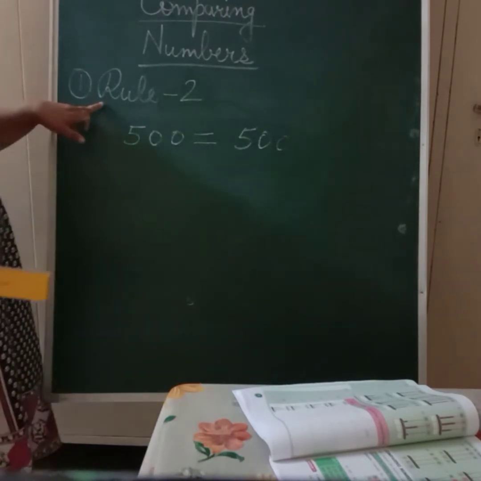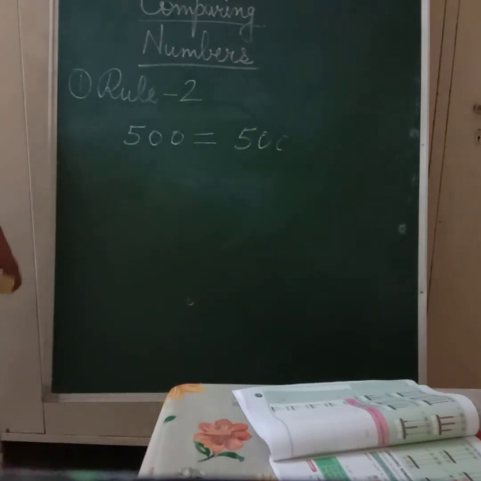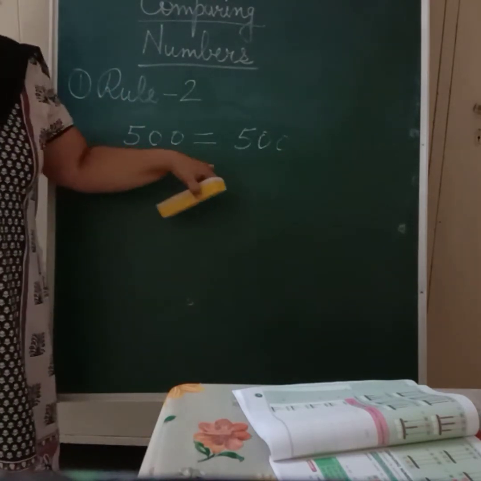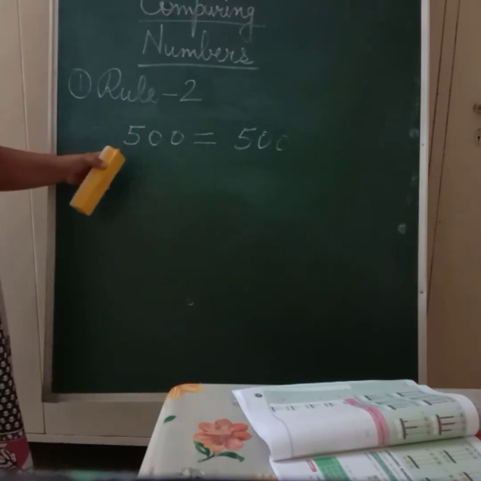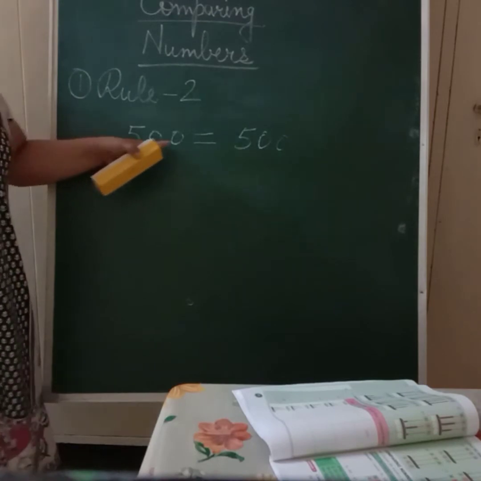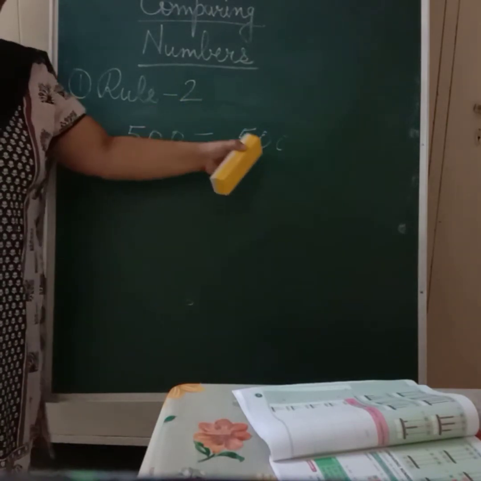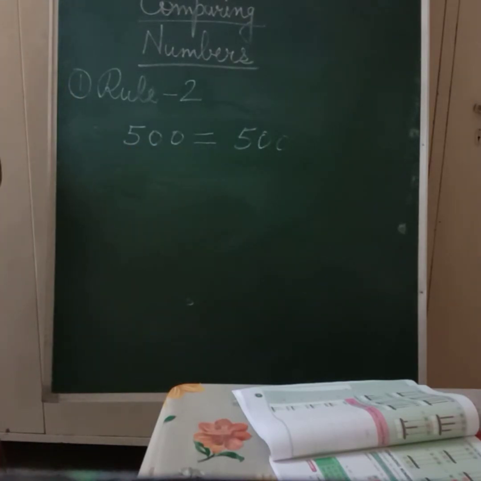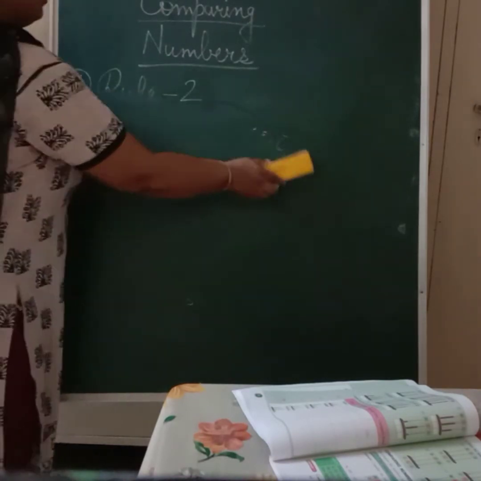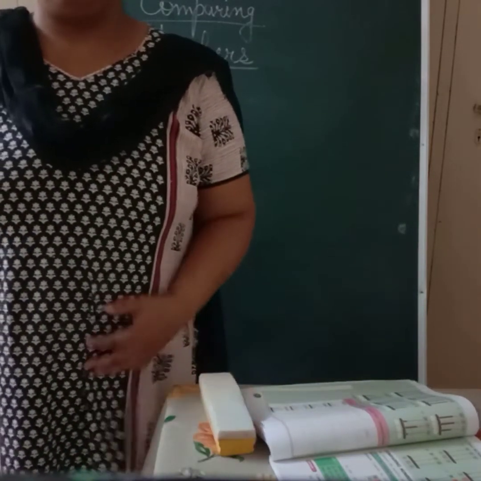Now the second rule: when you see 3-digit numbers, first you see hundreds. Whose hundreds is greater? That number is greater. If hundreds is same, then go to tens. And if tens is also same, then see ones. In this way you compare the numbers and find out which number is greater.